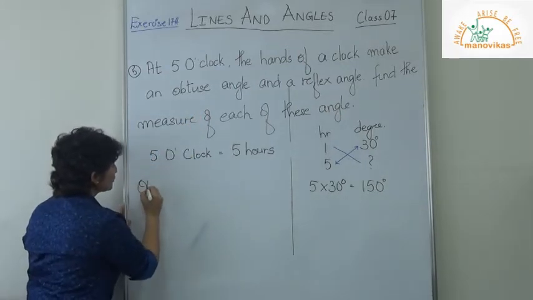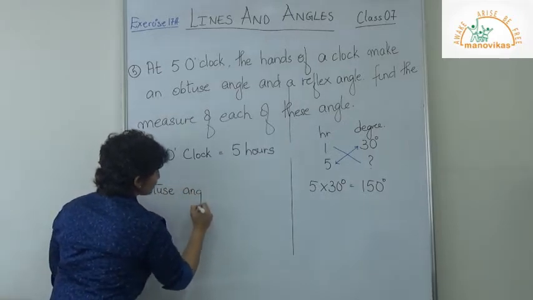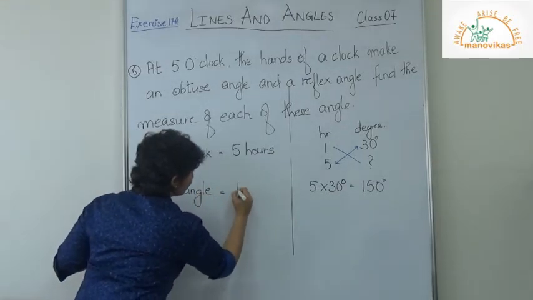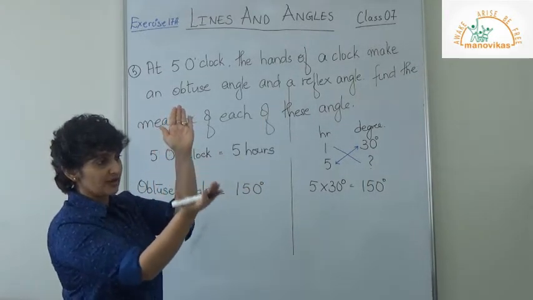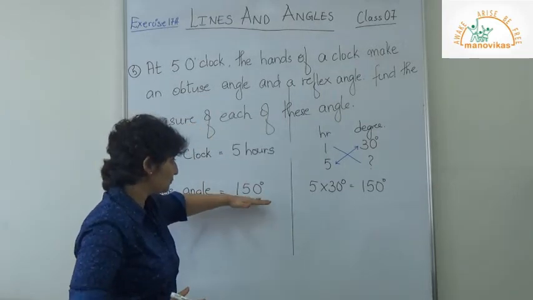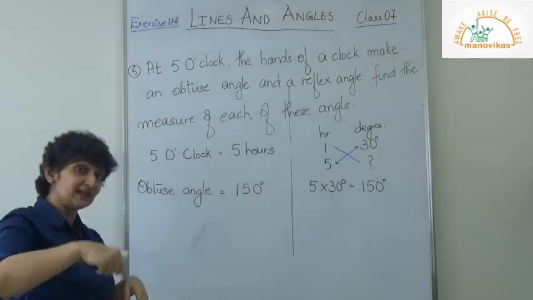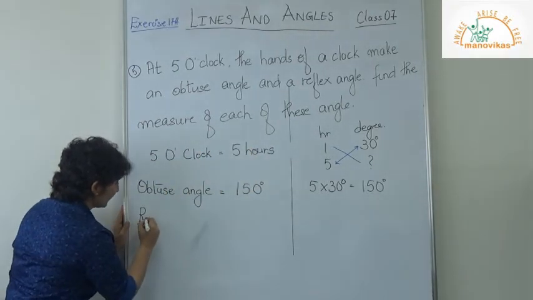So, what is my obtuse angle? My obtuse angle is 150 degrees. So, when your clock is at 5 o'clock, this angle will give you an obtuse angle. Now the remaining is your reflex we need to find out.